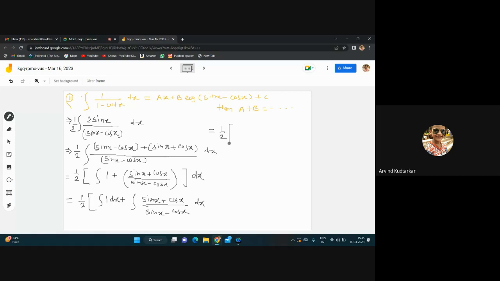So sin x plus cos x is the derivative of sin x minus cos x.